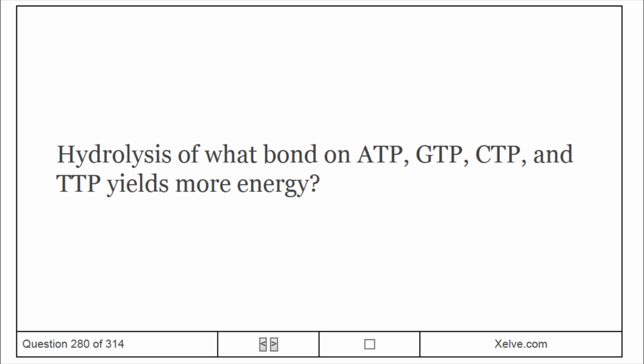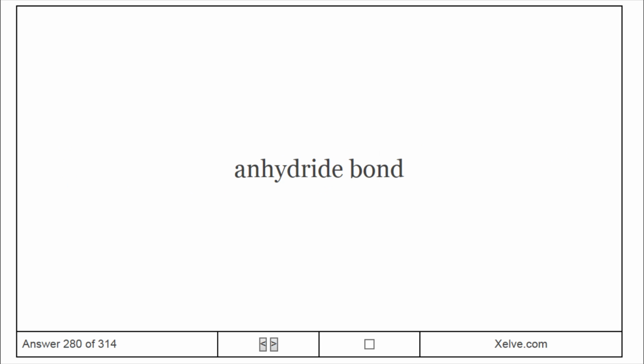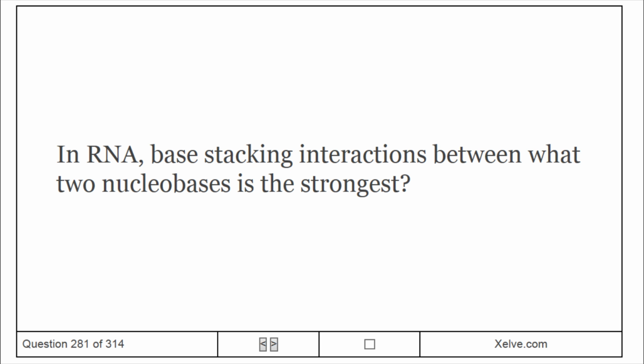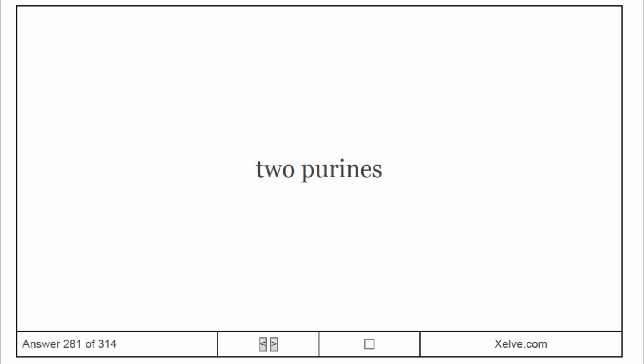Hydrolysis of what bond on ATP, GTP, CTP, and TTP yields more energy? Anhydride bond. In RNA, base stacking interactions between what two nucleobases is the strongest? Two purines.